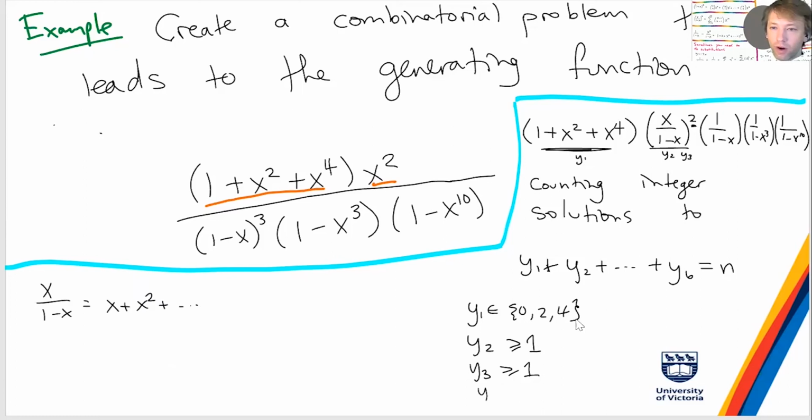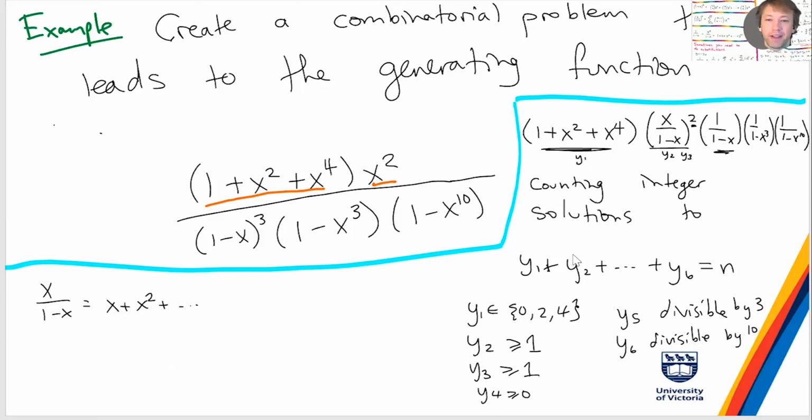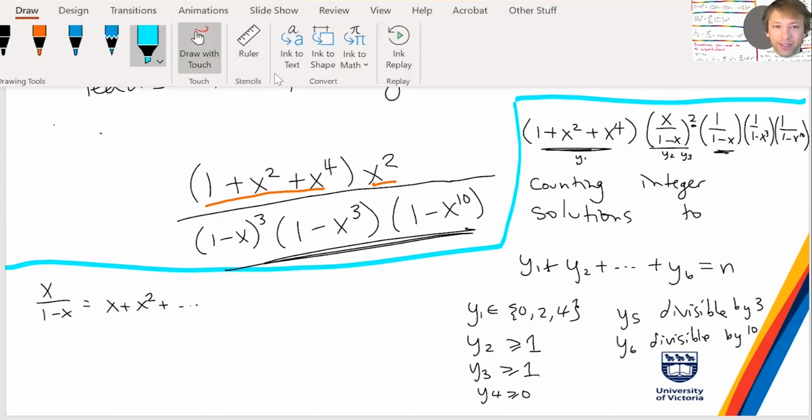Y4, we want to be just at least 0. Y5 divisible by 3, and y6 divisible by 10. The coefficient of x to the n in this thing will count the integer solutions to this question.